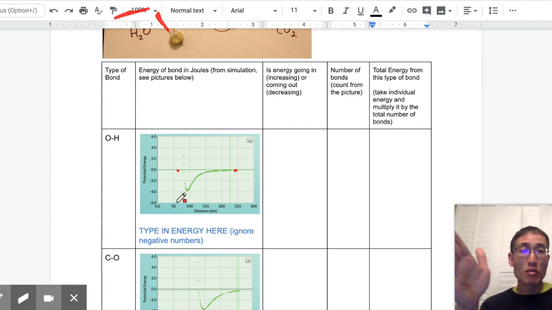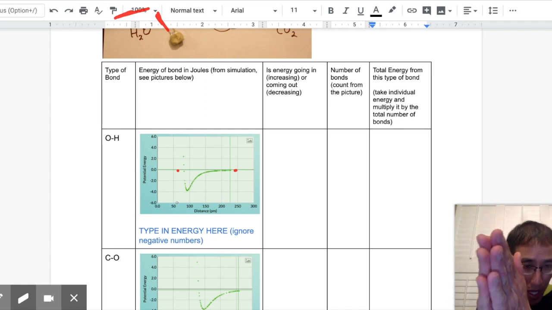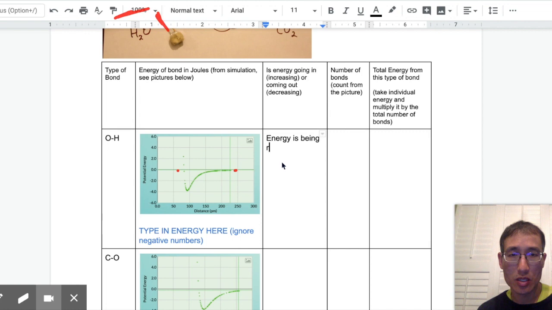So this is what we call releasing energy as we form this bond here. So I am going to say, now I'm forming, so energy is coming out. Energy being released, coming out.